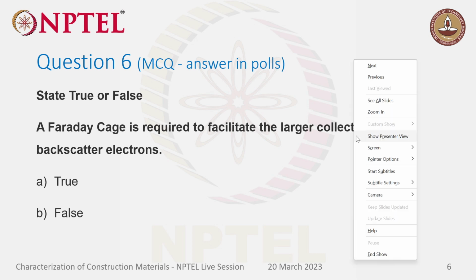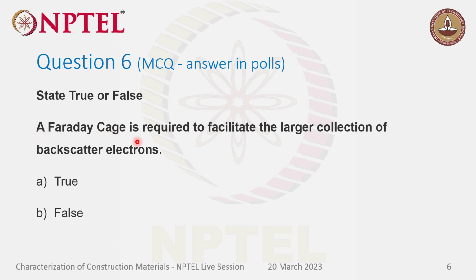Question number 6. It's a true or false question. A Faraday cage is required to facilitate the larger collection of backscattered electrons. I've told you that there are different collectors: secondary electrons are collected separately, backscatter electrons are collected separately, and we have a separate detector to collect the X-rays generated during the interaction, right? So here they are asking whether a Faraday cage is required to facilitate the larger collection of backscatter electrons.